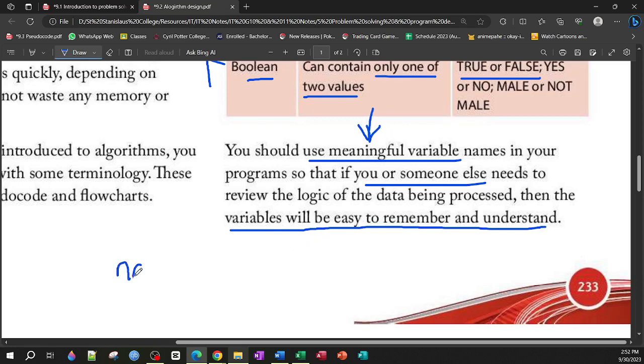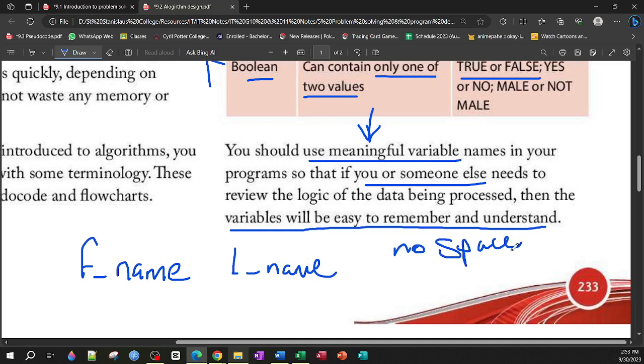We cannot name something 'name' because we don't know what name we are referring to. You could say F underscore name to indicate first name, L underscore name to indicate last name. And once again, no space.